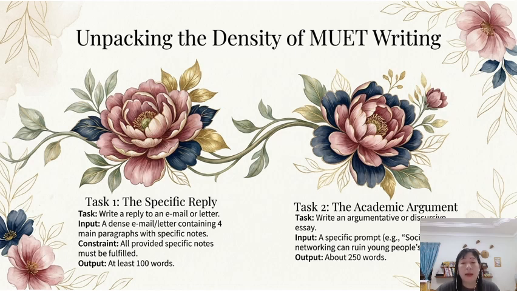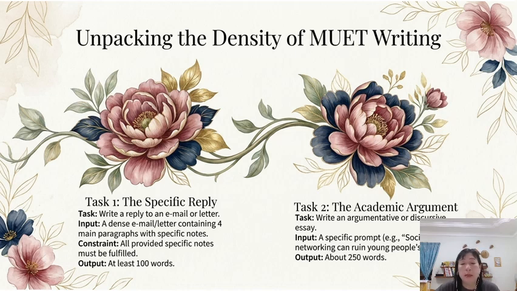The real test, I believe, is in task 2, which is writing an argumentative or discursive essay. In the argumentative essay, students are required to take a stand whether they agree, disagree, or partially agree with a statement given.